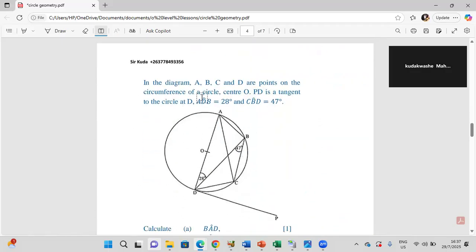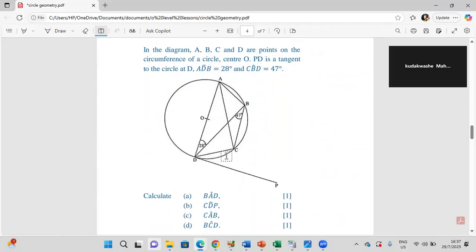In the diagram, A, B, C, and D are points on the circumference of a circle, center O. PD is a tangent to the circle. Angle ADP is 28, angle CBD is 47.